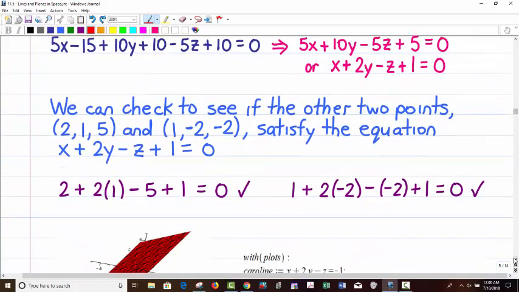Now, this is just if you wanted to. I was just checking to make sure the other 2 points, because obviously in the original problem it said all 3 of those points were in the same plane. Therefore, all 3 of them must satisfy the equation of that plane. So I'm taking this equation right here, the reduced form, and I'm plugging in both those points.